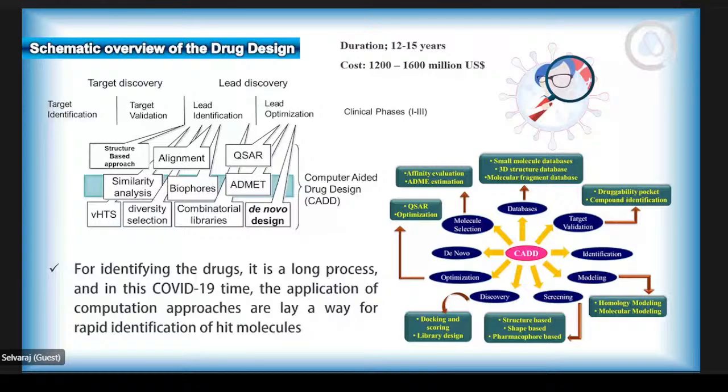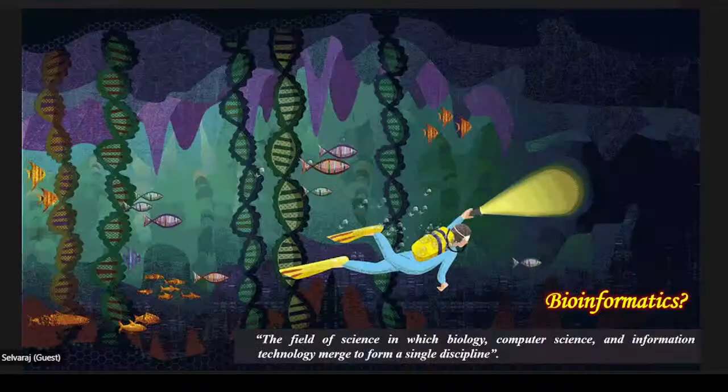So before going to the COVID thing, we want to know what bioinformatics is. Bioinformatics is a field of science in which biology, computer science, and information technology merge to form a single discipline. Here we cannot omit biology, computer science, or information technology, because we are studying the basics of biology, implementing biological problems, and overcoming them using technology with computer science.